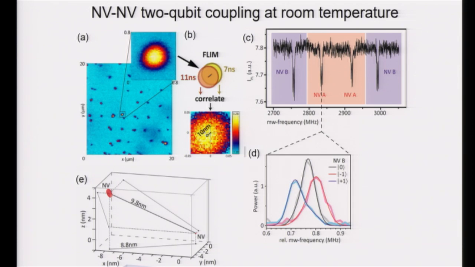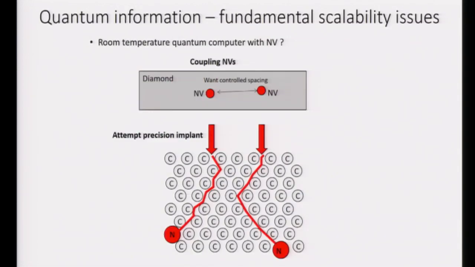And in fact, there was a lot of money spent to try to solve that problem. What was done was implantation of single nitrogen ions that were stored in an ion trap. You implanted one at a time with 1 nanometer precision into the diamond so that they could make a scalable array for a room temperature quantum computer. Trouble is, you can't let them stop at the surface or they won't be color centers. You've got to let them go in, and when you go in, you can sort of see what's happening.